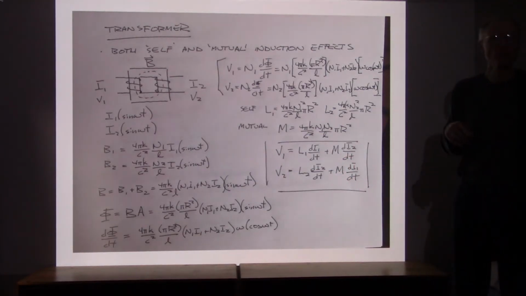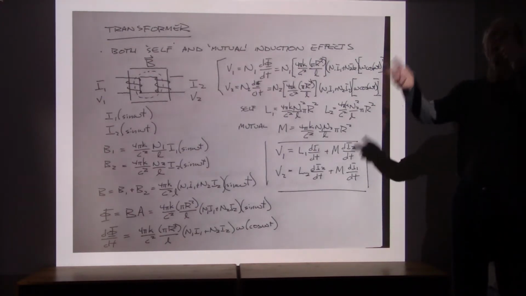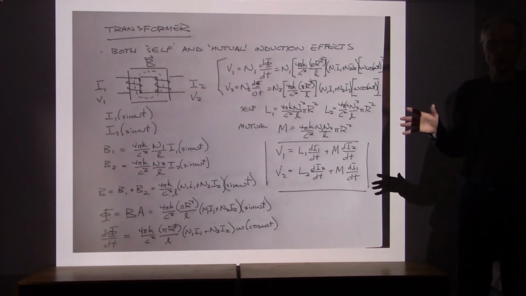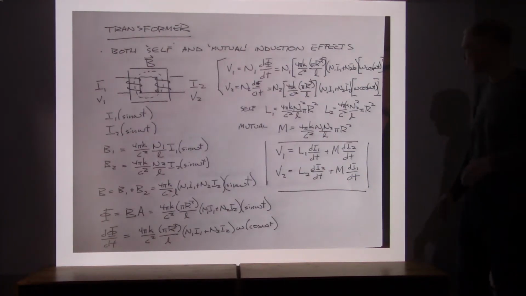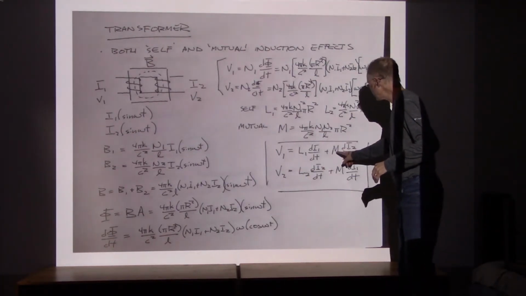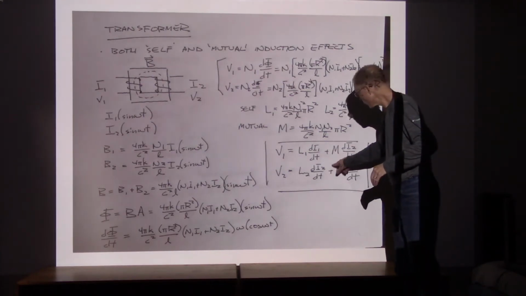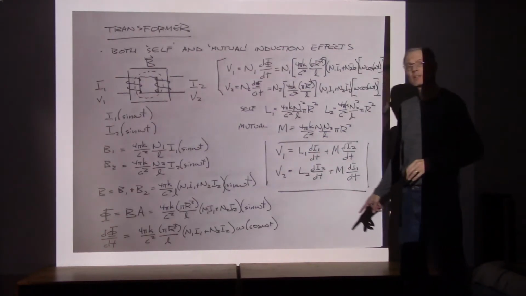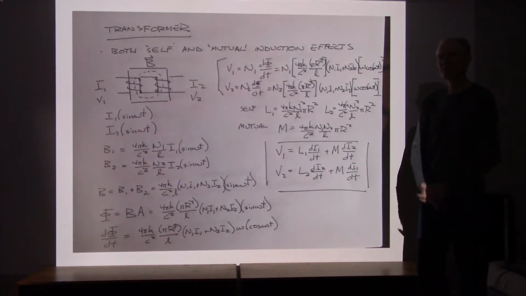Now, in the previous chapter, we kind of treated it like we could start with one set of loops and then induce a current only using mutual inductance. But whenever we try and use mutual inductance, we're always going to have self-inductance happening at the same time.